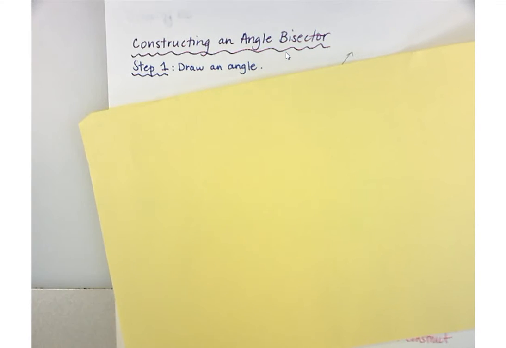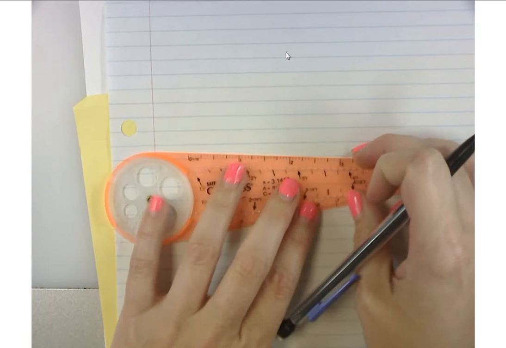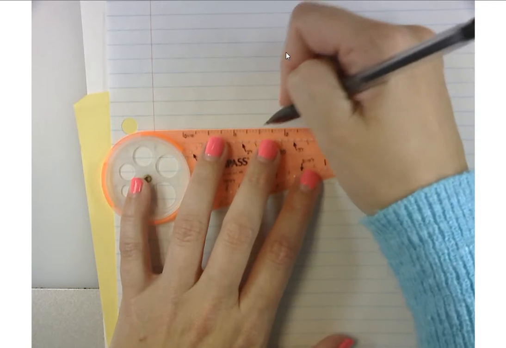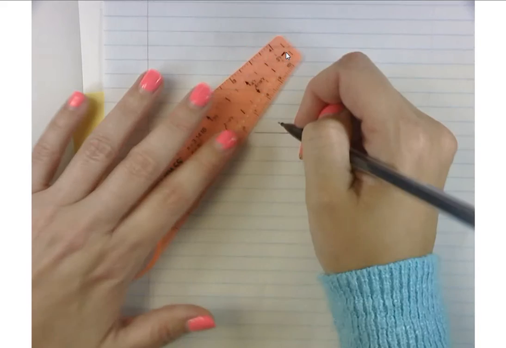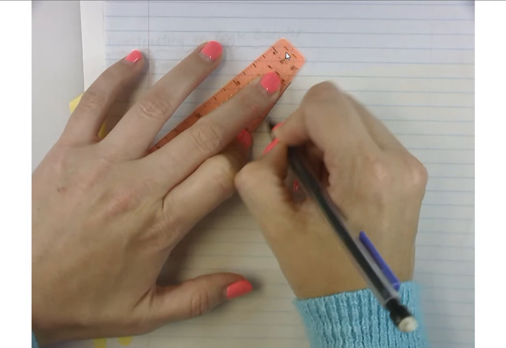to use our compass. So what I would do is I would go on your page halfway. Okay, so go halfway, and then you're going to draw just an acute angle. And really, if you put it here. So you can use the straight edge of the compass to draw an acute angle. Don't make it too big or too small.